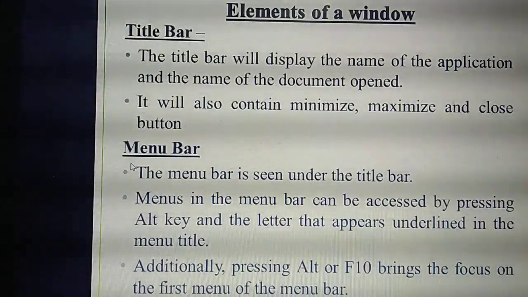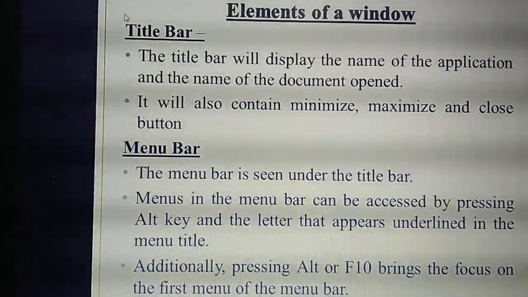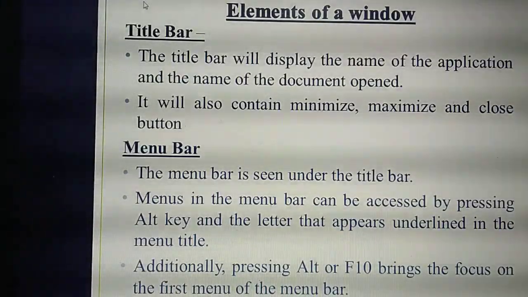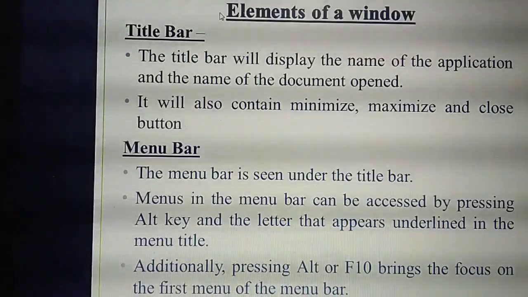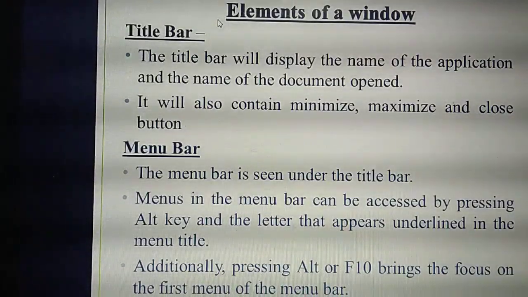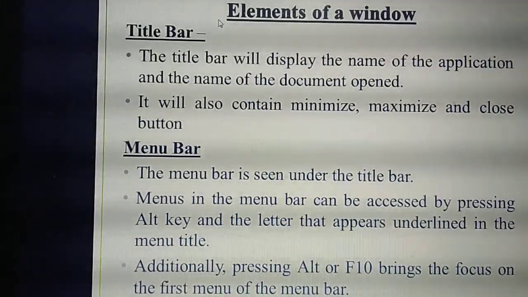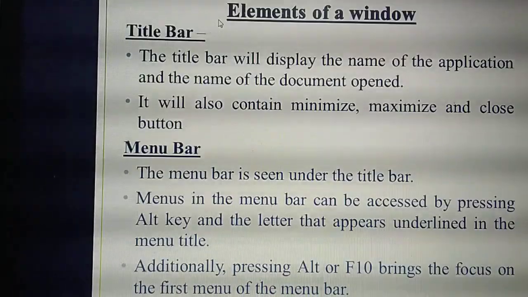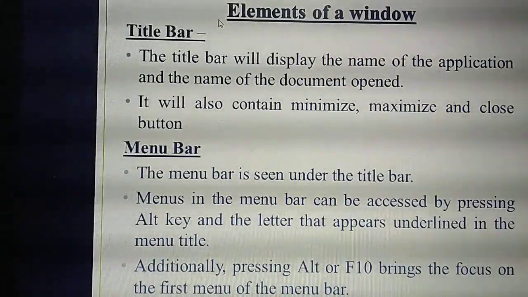Simply you can move the mouse pointer to select the menus from the menu bar. One thing. Next, you can select the item by pressing the Alt key on your keyboard. So there are two ways to select the menus from the menu bar. What are the two ways?